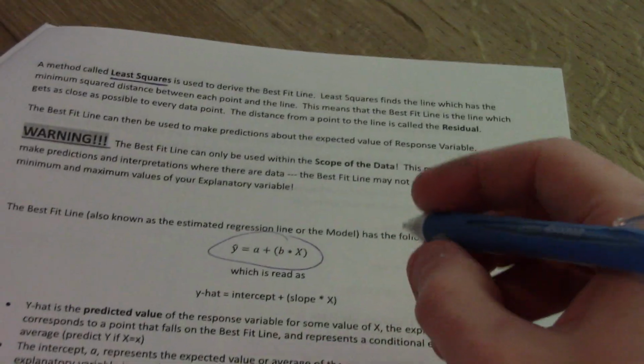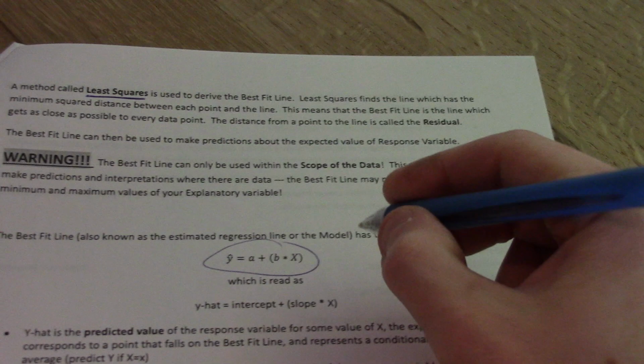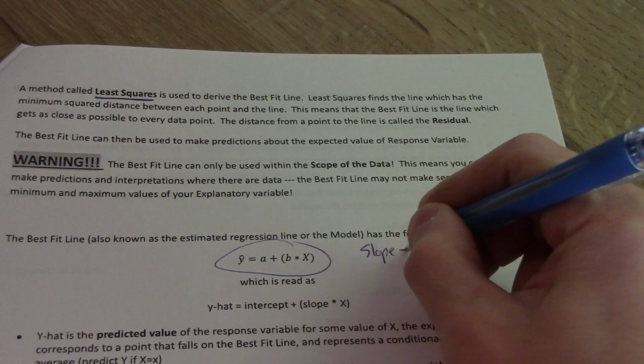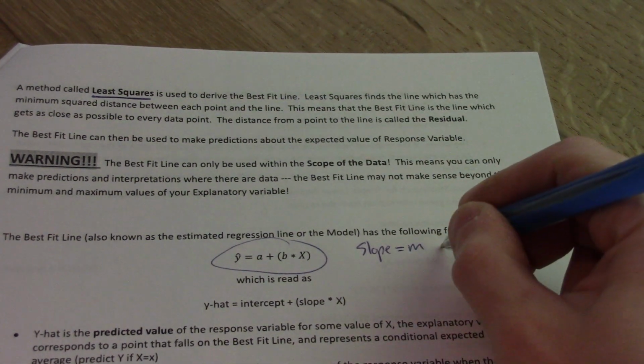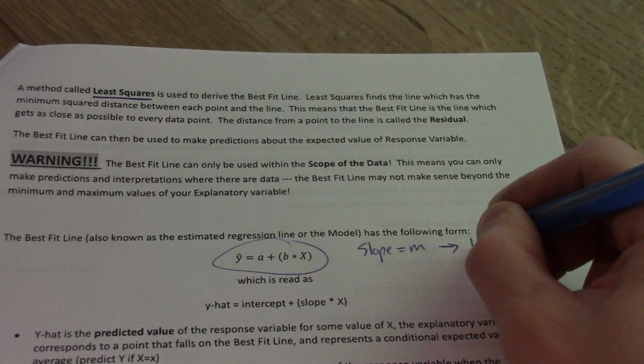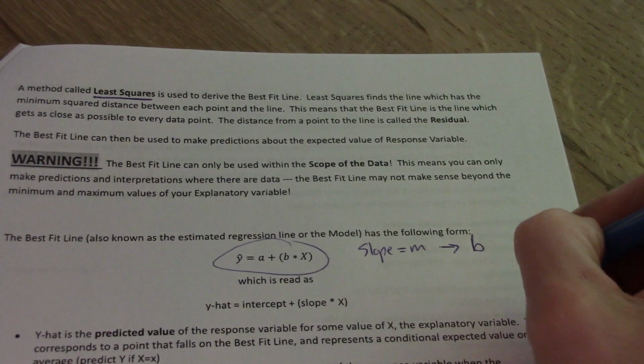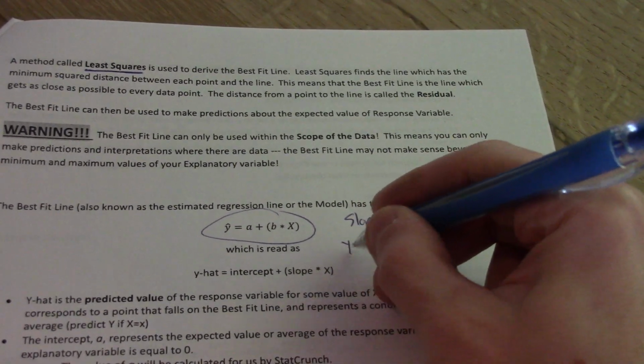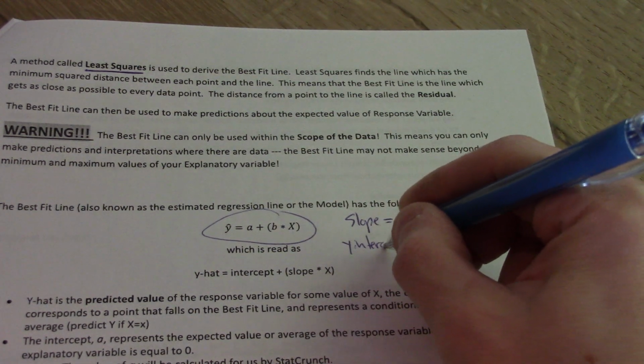So from your earlier courses, slope was the m. Now slope is going to be the b, which is kind of unfortunate, since before b was your y-intercept.